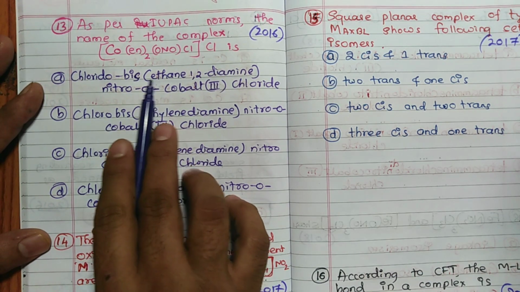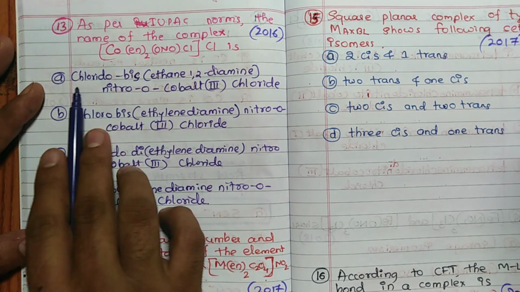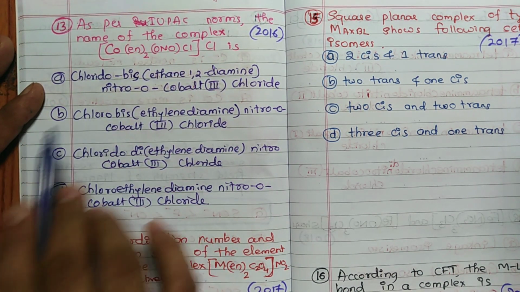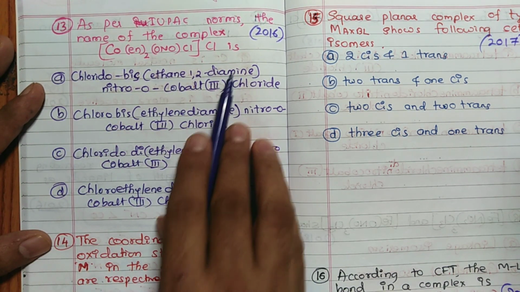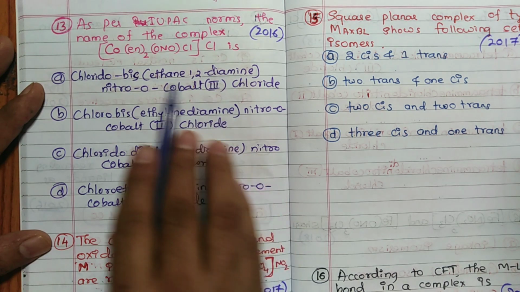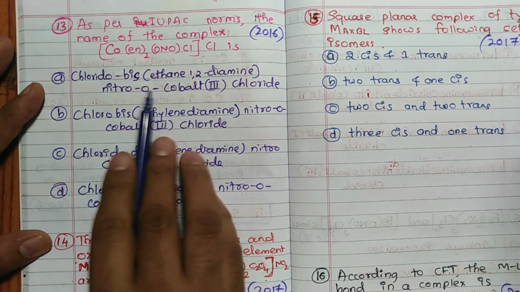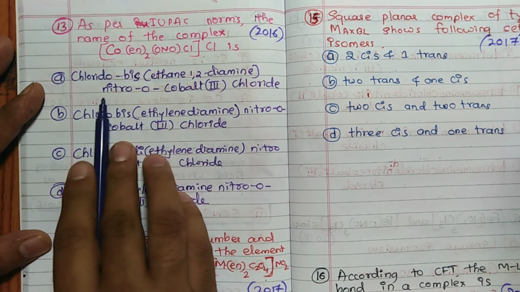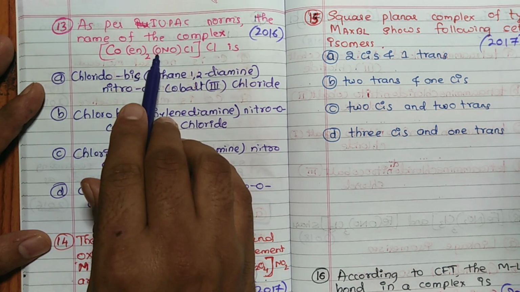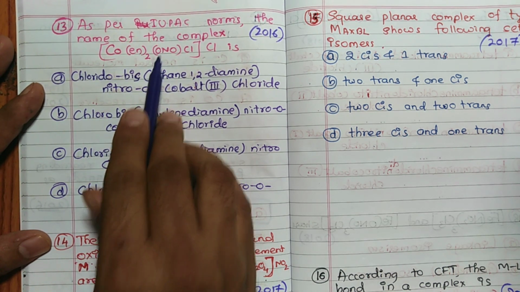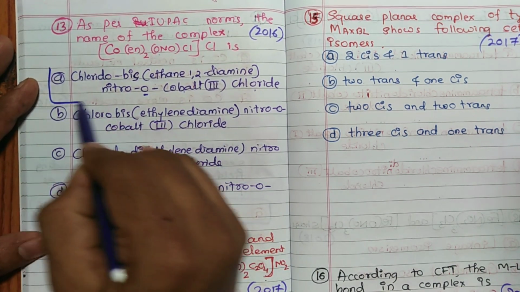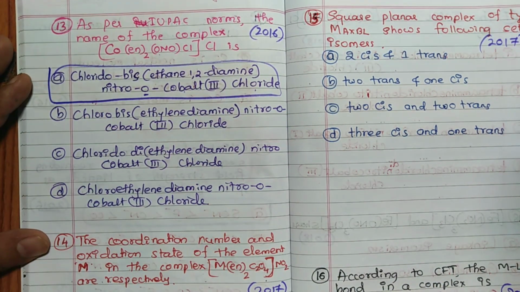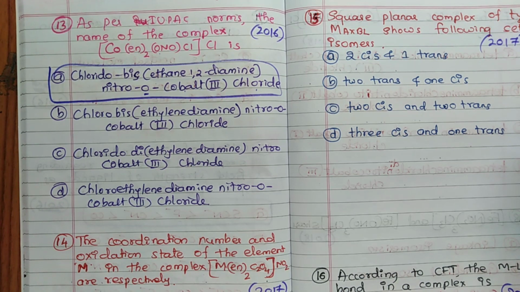Chlorido is correct per IUPAC norm. Previously it was chloro, but now it is chlorido, and ethane-1,2-diamine. Ethylene diamine is not the IUPAC name, hence ethane-1,2-diamine is correct. Nitro-O or nitrito-O you can write. The oxygen is the linkage atom, so hence you have to write nitrito-O. Cobalt(III) chloride. Hence, the correct answer for this question is A. Remember, the remaining options are wrong. So for the 13th question, A is the answer.